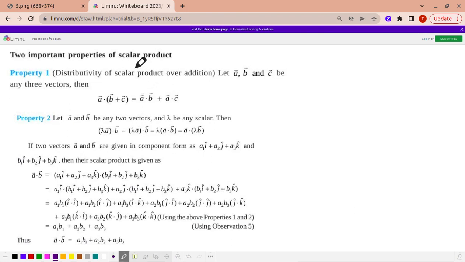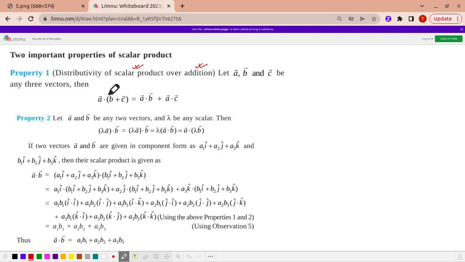The first one is the scalar product, and let me write in the red color. First one is the scalar product, and second one is the addition. So then what we can say is that A dot B plus C, all three are vectors, is equal to A dot B plus A dot C. Here the scalar product is getting distributed over addition.